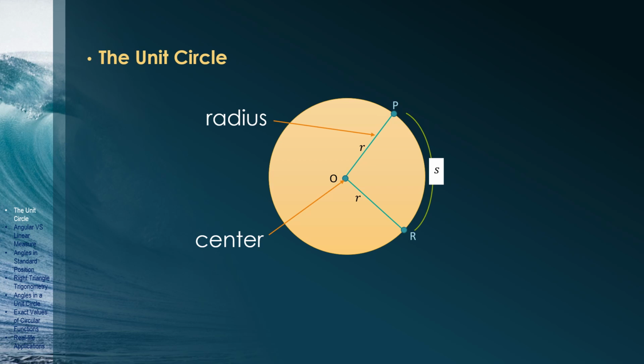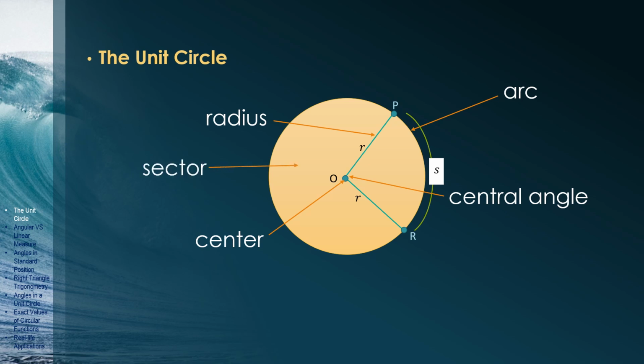And take note that this angle intercepts a portion on the circle. Now this portion of the circle is referred to as the arc of the circle. Now this angle, whose vertex lies at the center of the circle, is called the central angle.